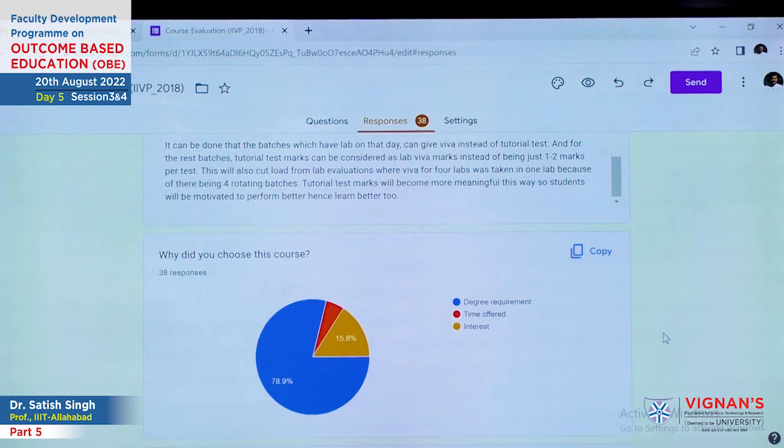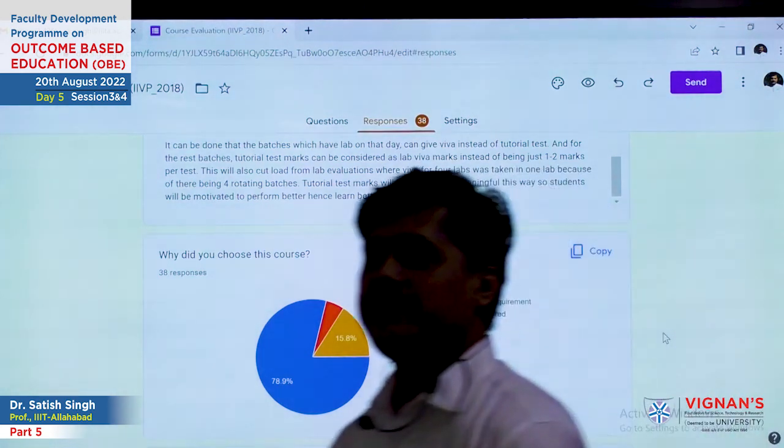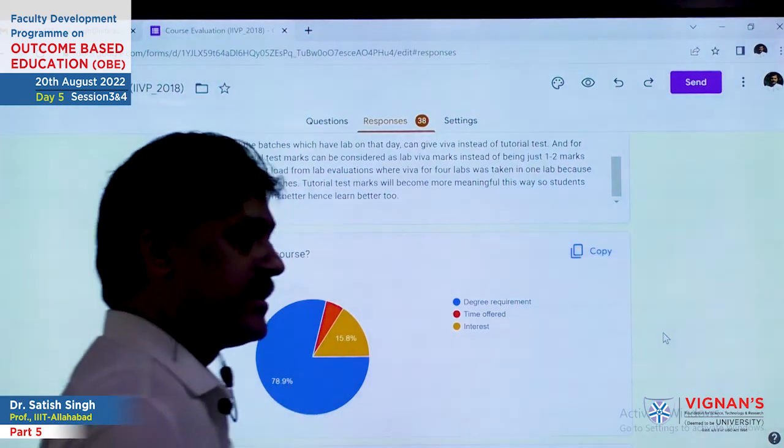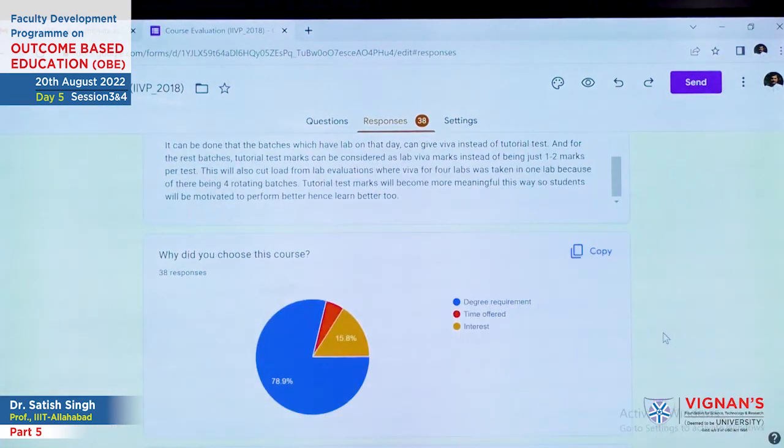Now you can correlate the comments. If a person who is there only for the degree requirement gives a negative or extraordinary remark, that can be treated as an outlier. But the comments given by the students who are really interested are really useful.